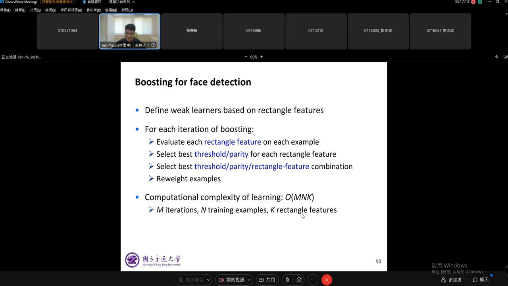Also, we want to select the best weak learner at each iteration. There are a total of K rectangle features, and there are K weak learner candidates. So the complexity is proportional to M, N, and K. So the complexity is high.